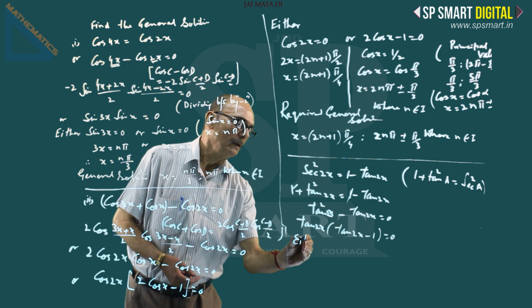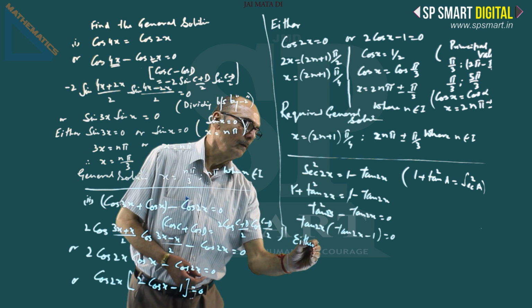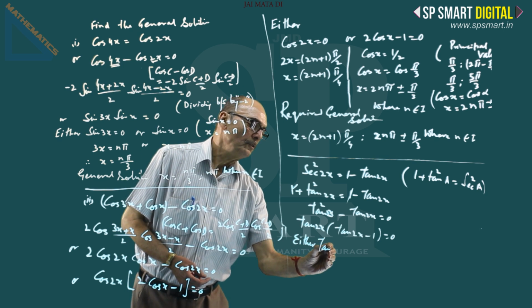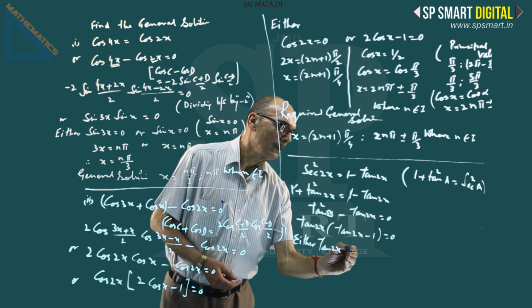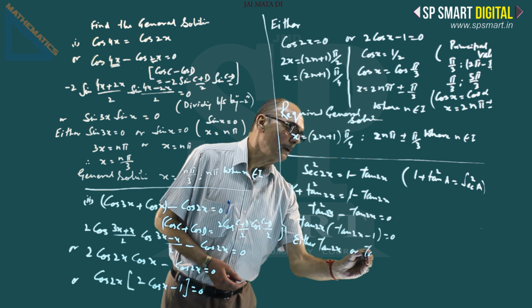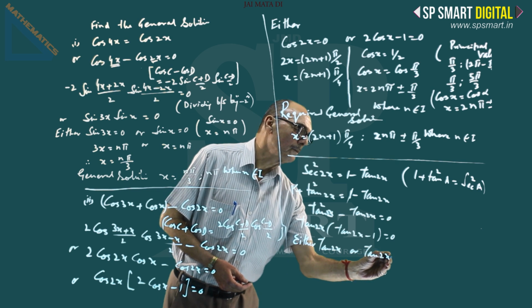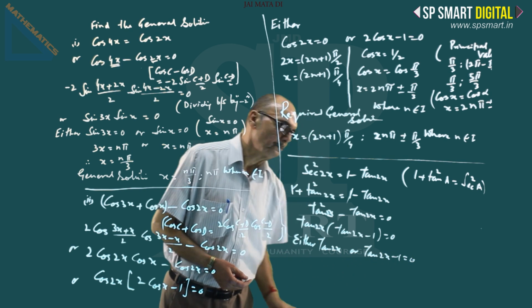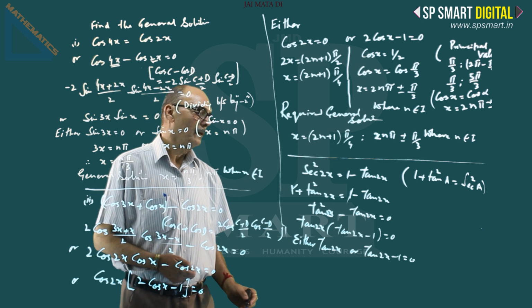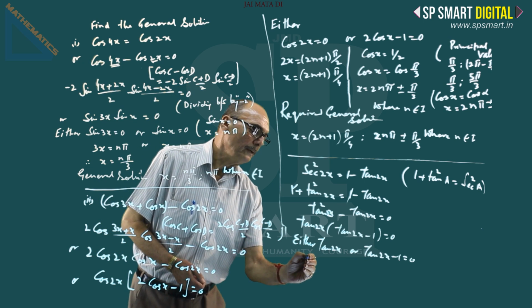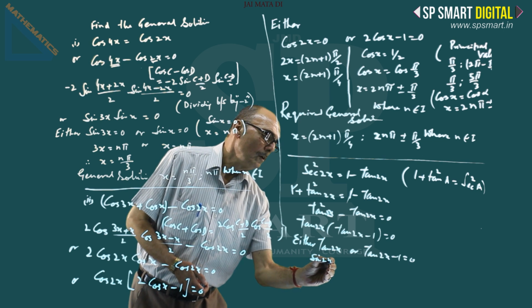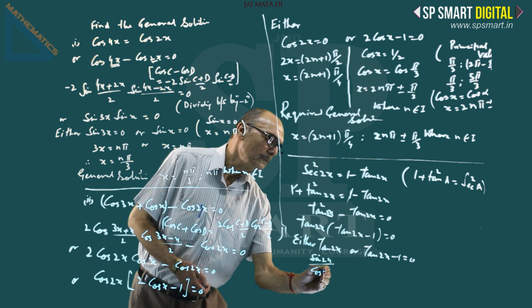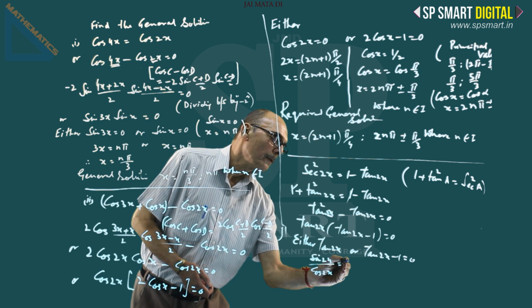Either tan 2x equal to 0 or tan 2x minus 1 equal to 0. So, here we shall take sin 2x upon cos 2x equal to 0.